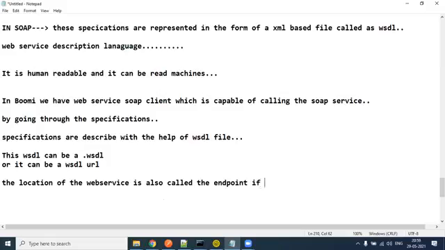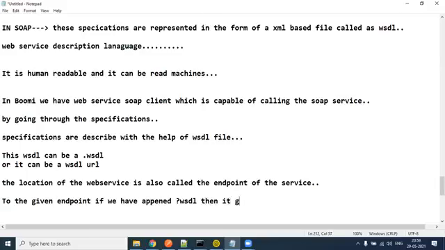Now to the given endpoint, if we append ?WSDL, then it gives you the WSDL URL. This may not be true in 100% of the cases, but in 99% of cases you go to the endpoint, append ?WSDL, and you will get the complete WSDL loaded.